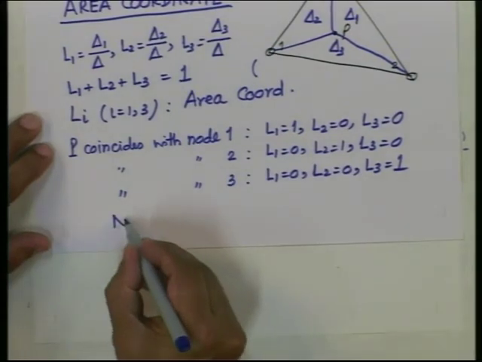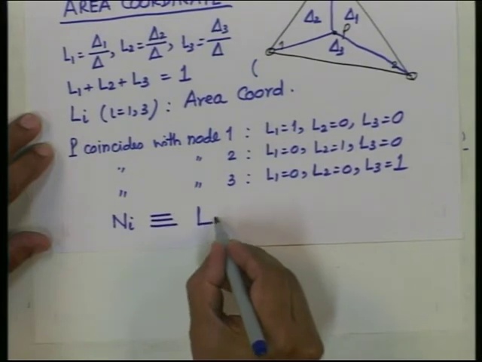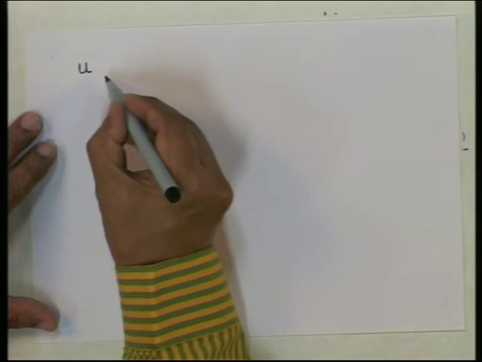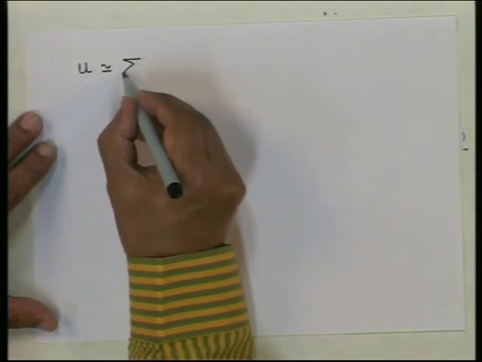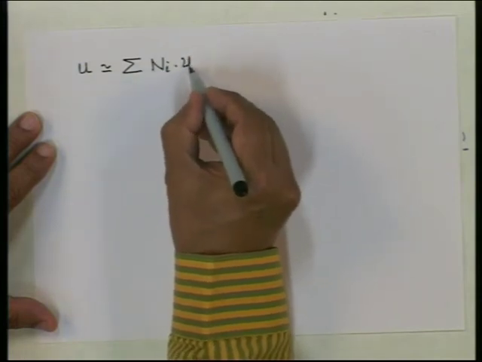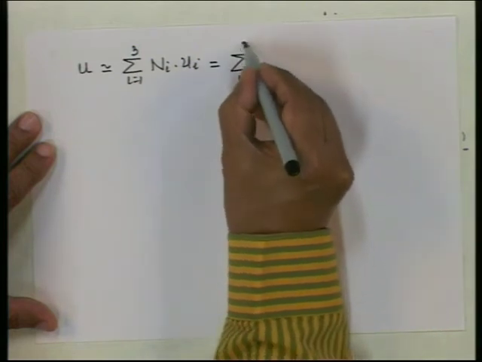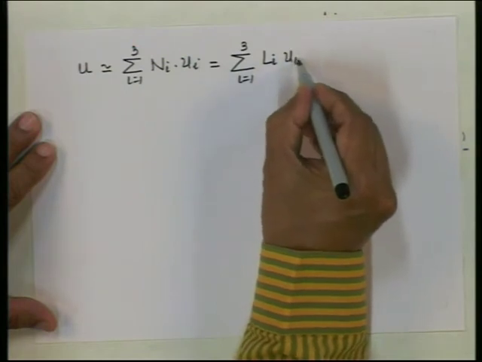So Ni and Li have great similarity, and therefore what we can do is, normally we write our U and V, so this can also be written in terms of Li, similarly V.